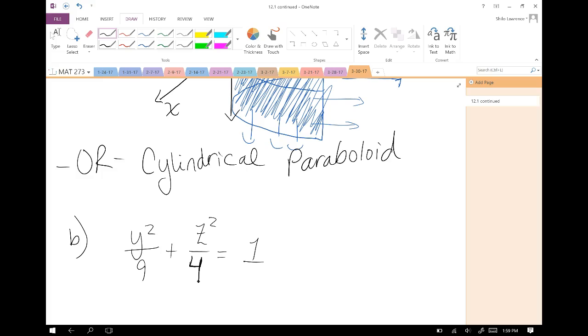Do we know what the shape is? Almost. They've got different denominators, which means it's an ellipse. They don't have the same coefficient, which means I'm moving a different number of units in the y direction than in the z direction. So it's an ellipse.